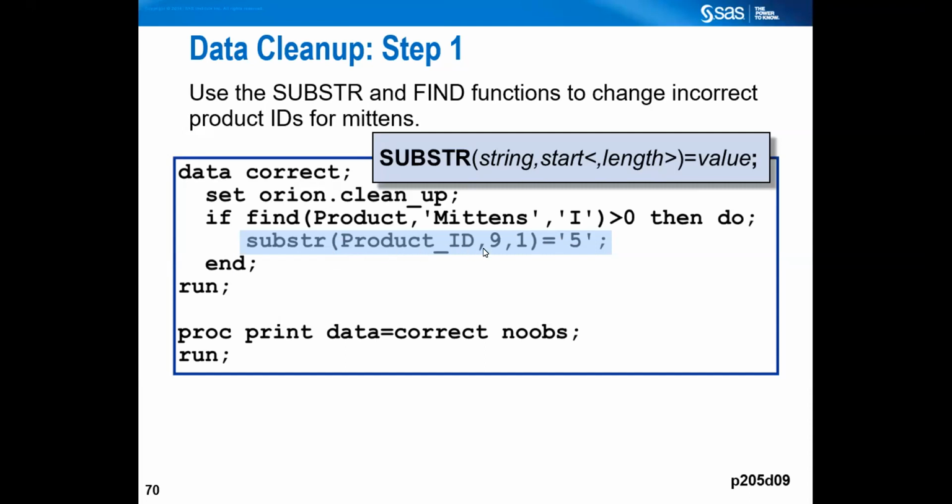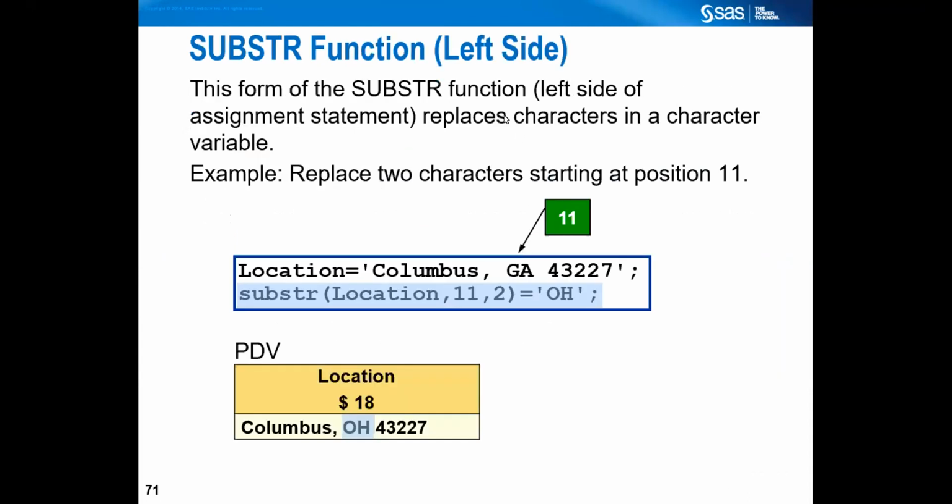So what is the substr? It's written to the left side of the equal to sign. When you write the substr on the left side of the equal to sign, it has a different function. It is not going to extract the value, but it's going to replace the value. This form of the substr function, left of your assignment sign, replaces characters in a character value.